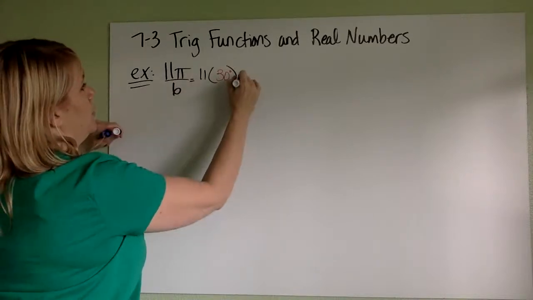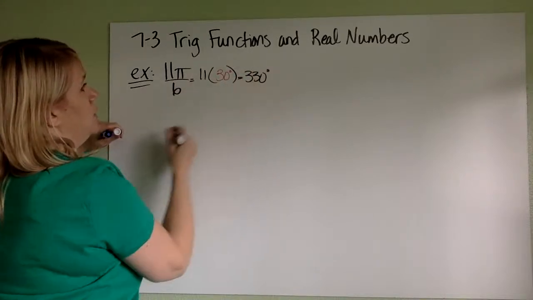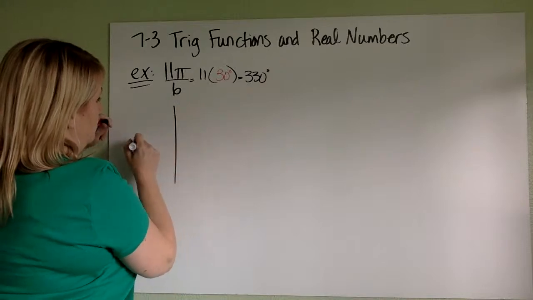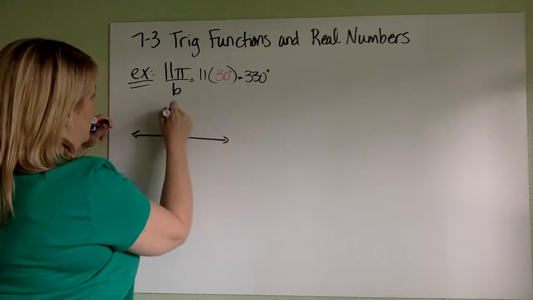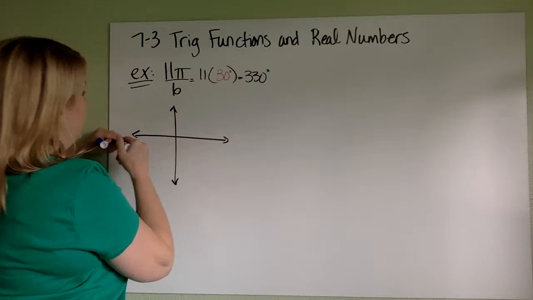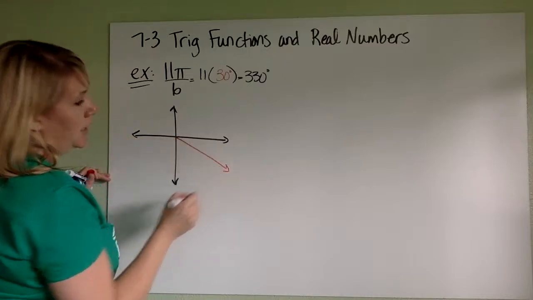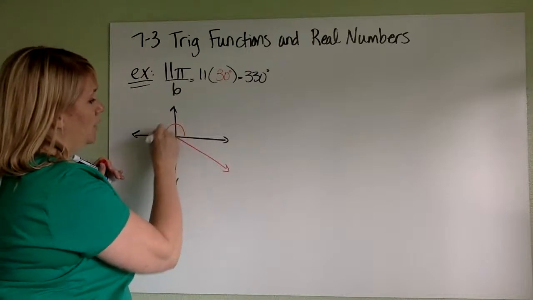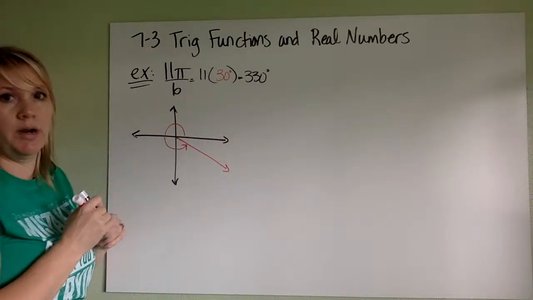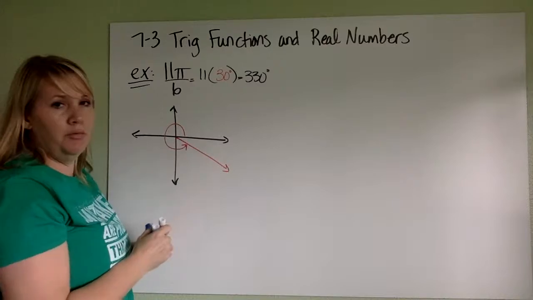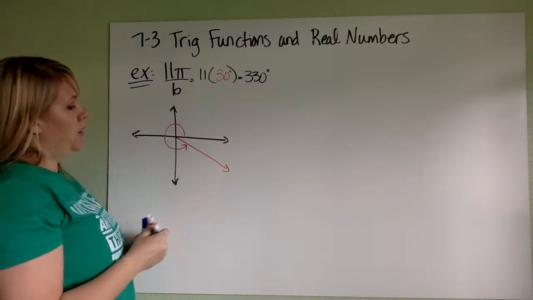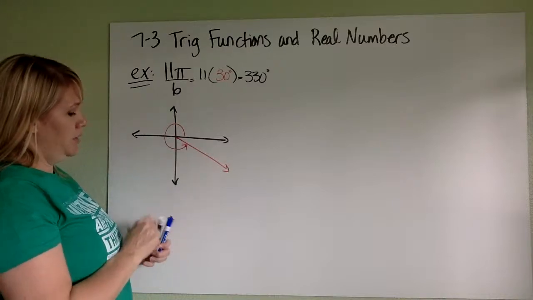So 330. So if I draw a picture of that, 330 degrees is going to land kind of right here. Again, you don't have to be super accurate with where it lands. You just have to make sure it's in the right quadrant with enough room for you to draw your little triangle. Okay, so this is 330.